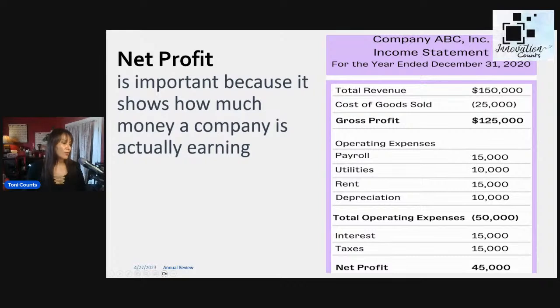Here we've got payroll, utilities, rent, depreciation, total operating expenses of $50,000, and reserve accounts for interest and taxes. So the net profit here is $45,000 for the year ending 2020. You see how that difference is here? If this particular business owner was operating off of their bank balance, they're going to be misled, because you can easily see here, they made $150,000, but once you factor everything in, their real net profit is $45,000.